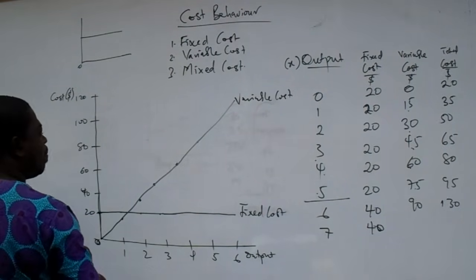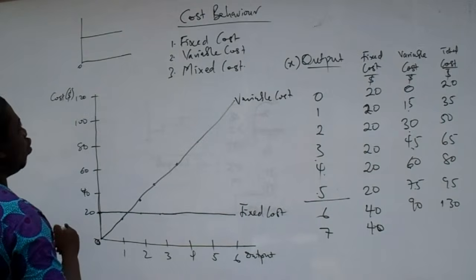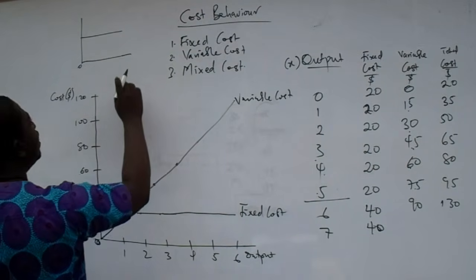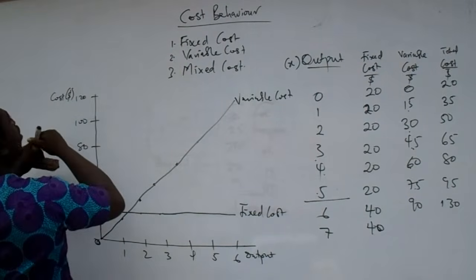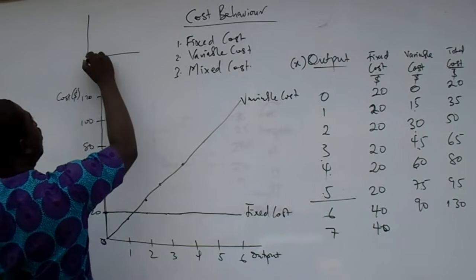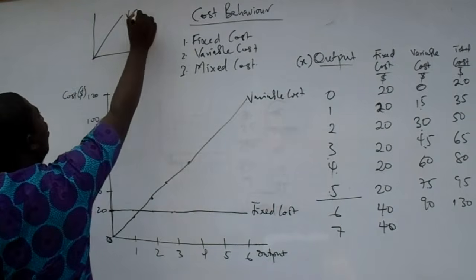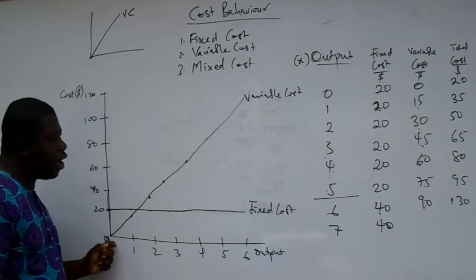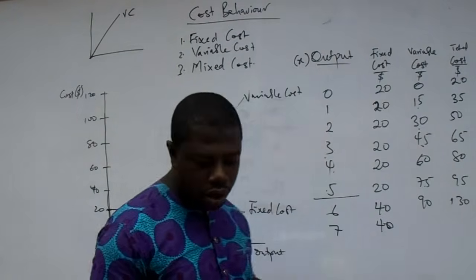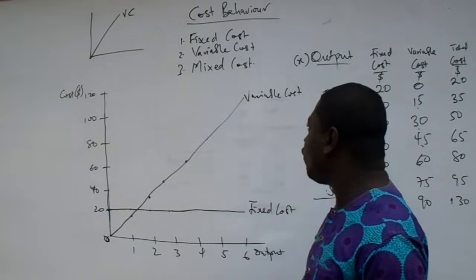And so you usually see the variable cost diagram like this, from the origin. That is because when output is 0, variable cost is 0. Okay, so that is it for variable cost.